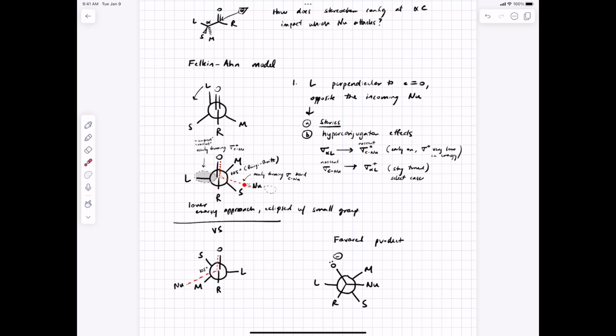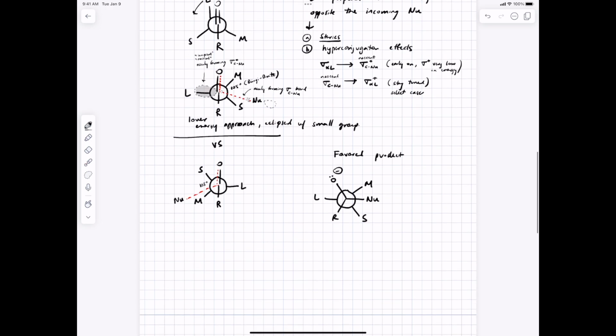Remember, we're leaning our heads into the page, looking down this carbonyl carbon to alpha carbon bond. So from that perspective, our right-hand side is actually underneath the page. Do you see that? Looking down that bond, here's the Newman projection. My right-hand side is inside the page. So that would mean that the favored product is one in which the nucleophile comes in from below.